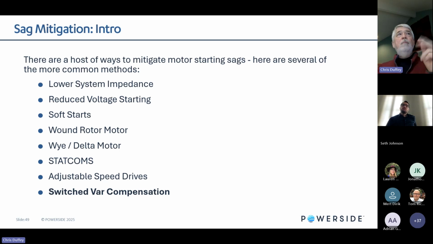Reduce voltage starting, soft starting, wound rotor motors, which allow you to reduce starting current, Y delta motors, which is very similar to reduce voltage starting, the application of StatComs for VAR compensation, the application of adjustable speed drives to just basically eliminate all sag issues completely, and then the key one that we're looking at today with PSCAD, which is switched VAR compensation, which gives you a more economical approach to real-time VAR compensation.